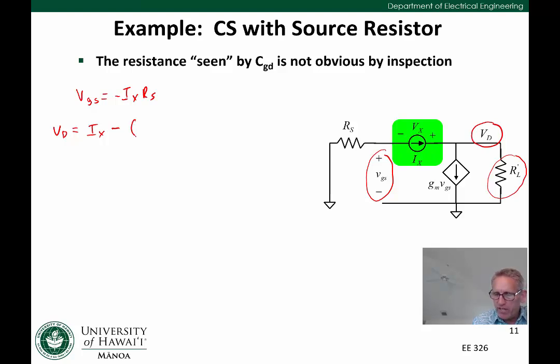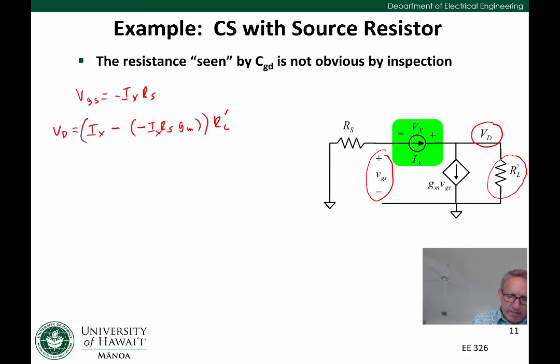Well, that's gm VGS, but we know VGS is minus Ix Rs, so I'm going to replace that. I'm going to say minus Ix Rs times gm, and now the difference of those two currents is the current flowing through RL prime, so the voltage is just the difference of those two multiplied by RL prime.